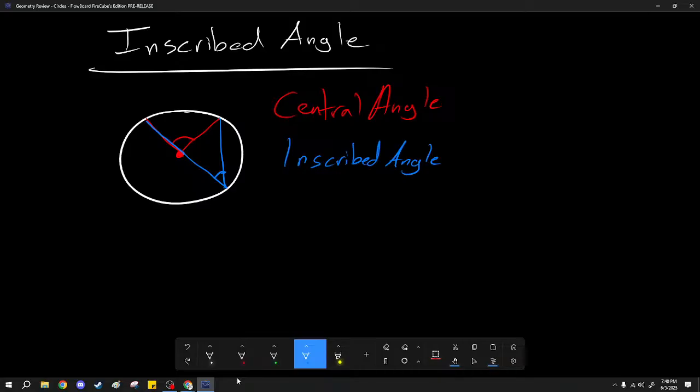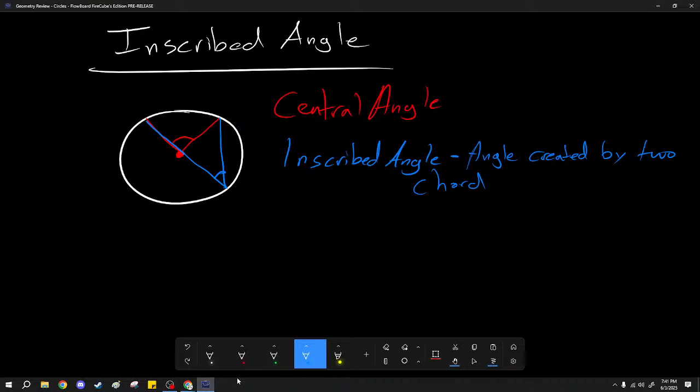Now, an inscribed angle is an angle created by two chords, whose vertex is on the edge of the circle. A chord is just a line that's inside of a circle that has its endpoints on the edges. So not a radius, but a diameter is a chord.